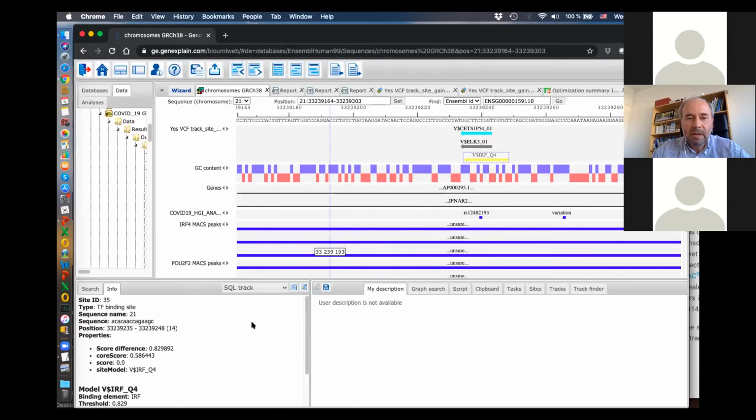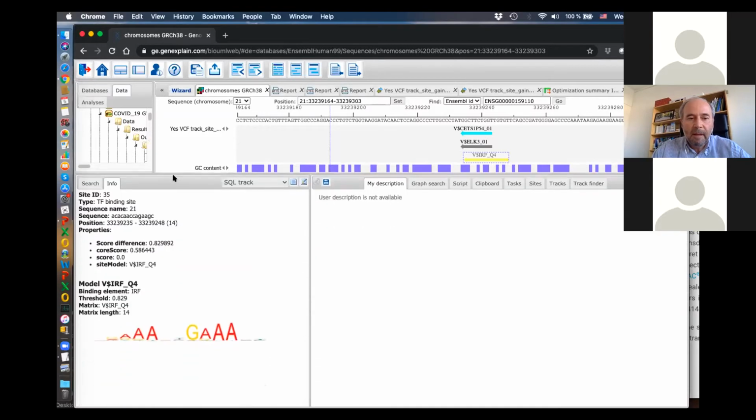And you can see here the statistics of that site, by the way, here is the consensus, and it changes exactly this G. So in fact, you see the site is going not from left to right, but from right to left. So it's on the opposite strand. So changing T to C means changing A to G on the opposite strand.